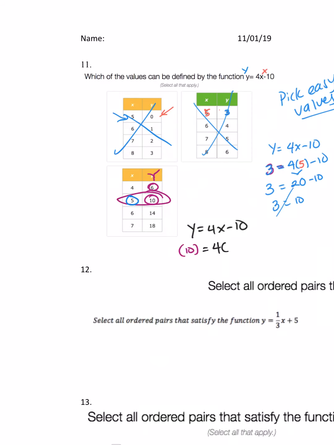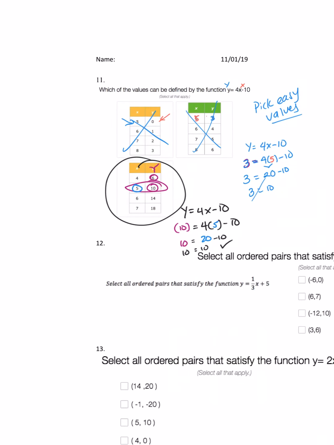So, 10 equals 4 times what? Minus 10. What was x? 5. Let's see. Bring it down. If you don't use it, bring it down. 10 equals, what is that? 20 minus 10. 10 equals, 20 minus 10 is 10. Check. This relates to that equation. Okay, you got a true statement.